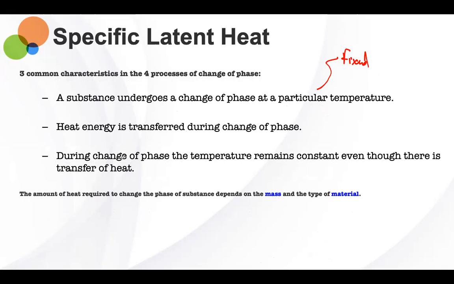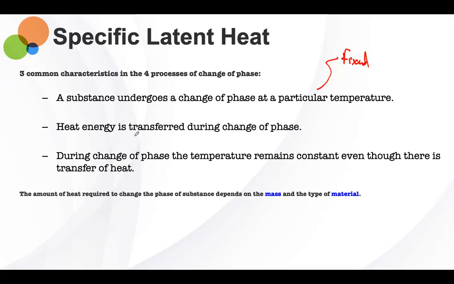So there's a transfer of heat energy to the system, but there's no temperature change until all the material has changed, until all the solid becomes a liquid, or until all the liquid becomes a gas. So during change of phase, the temperature remains constant even though there is transfer of heat.